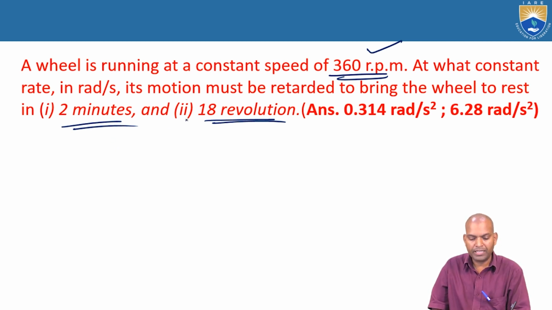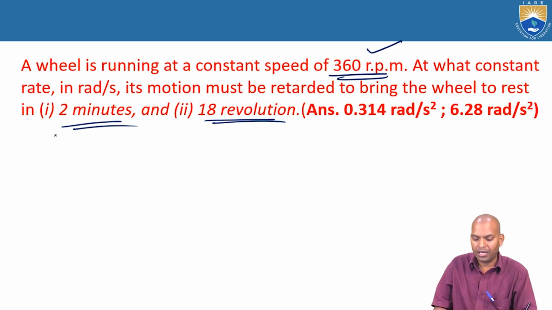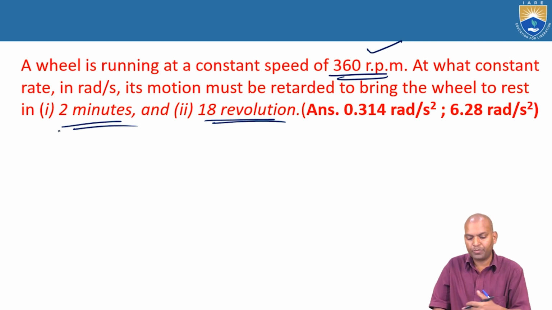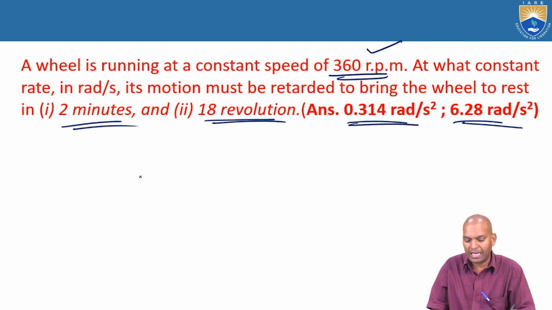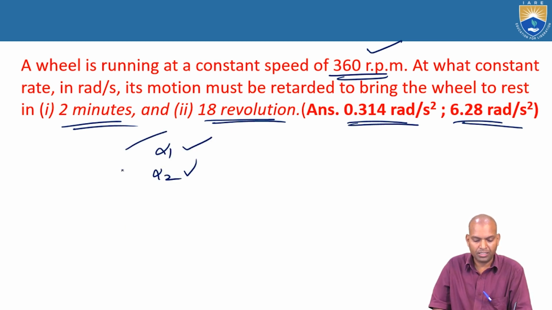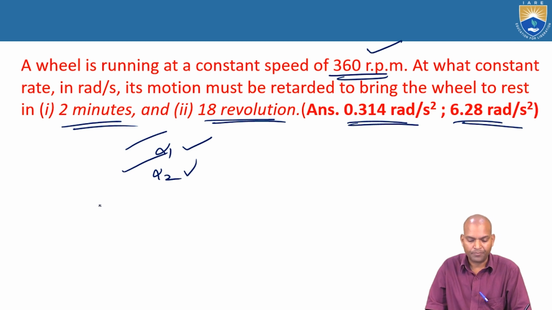Okay, the given data is constant speed 360 revolutions per minute, and also at what constant rate its motion must be retarded to bring the wheel to rest. That means two angular accelerations are to be calculated, alpha 1, alpha 2. Yeah, these are the two things to be calculated.